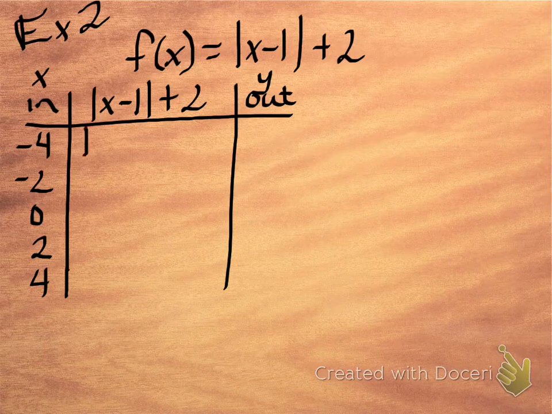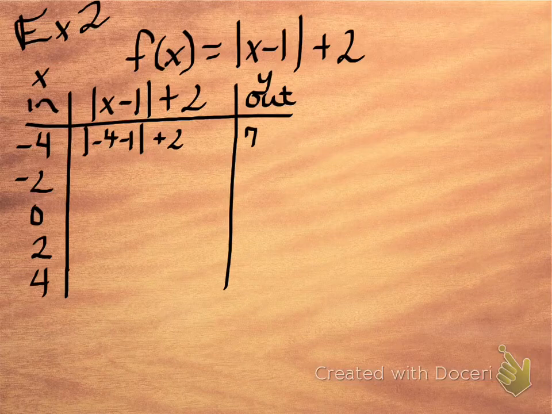So we have the absolute value of -4 minus 1, plus 2. -4 minus 1 is -5, and I take the absolute value of that, which gives me +5. Plus 2 is 7.